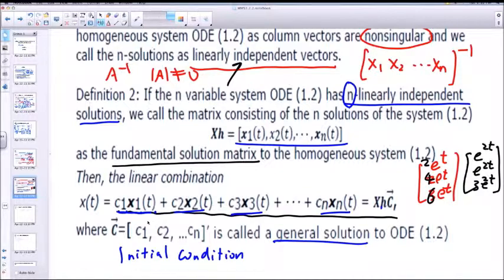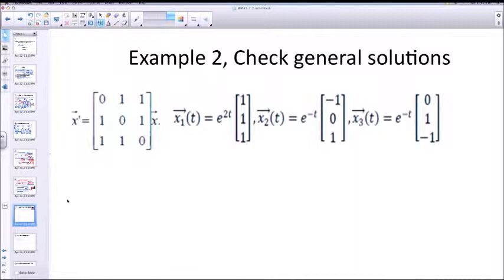Equivalently, you can write it as this matrix, which is an n by n matrix, times a vector c. That's another way to write c1 x1 plus c2 x2, all the way down. It's still too complicated. Look at examples.